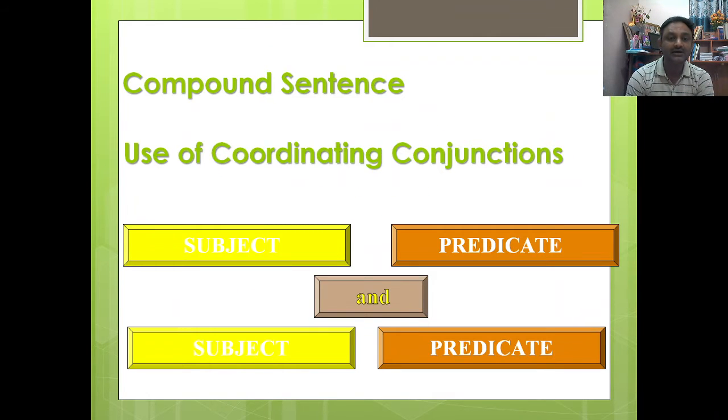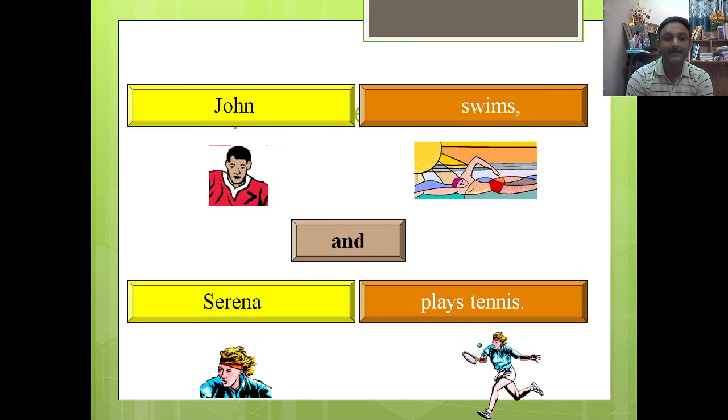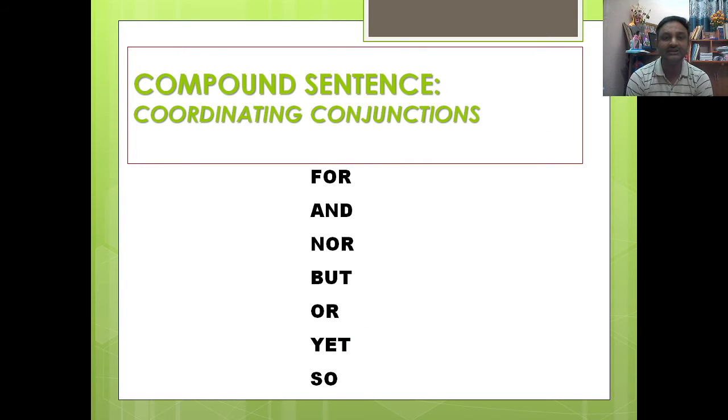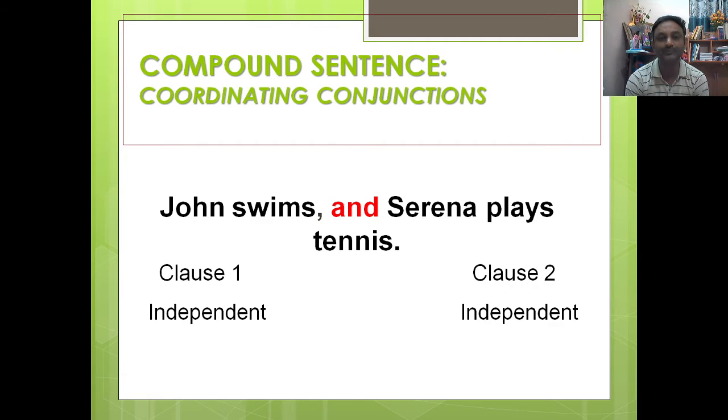Now by using the coordinating conjunction and subject and predicate the same way, John swims and Serena plays tennis. It has been categorized into two separate parts. In a compound sentence, for the coordinating conjunction, we are using words like for, and, nor, but, or, yet, so.